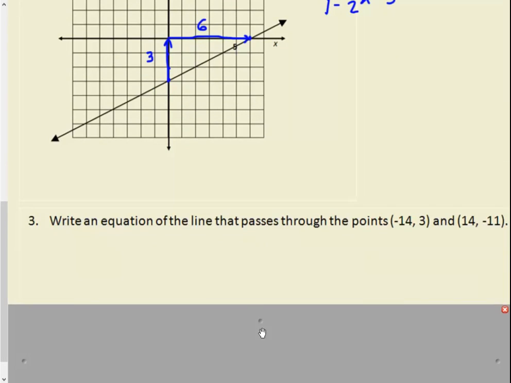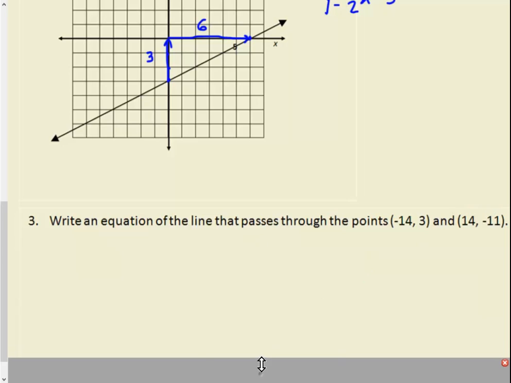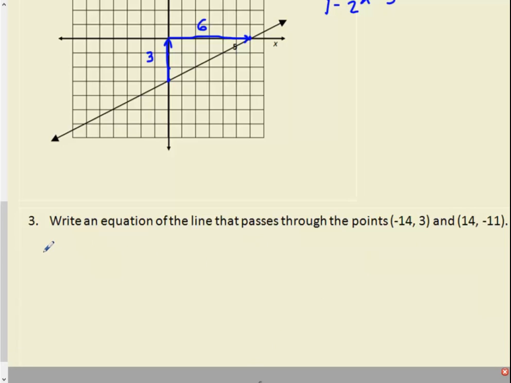And number 3, write an equation of the line that passes through the points (-14, 3) and (14, -11). And here's a case that involves a little more work. We need to determine the slope first. And so we can look at either point as being point 1, point 2, it doesn't matter. Let's say I decide to start with 3 for my value of y.